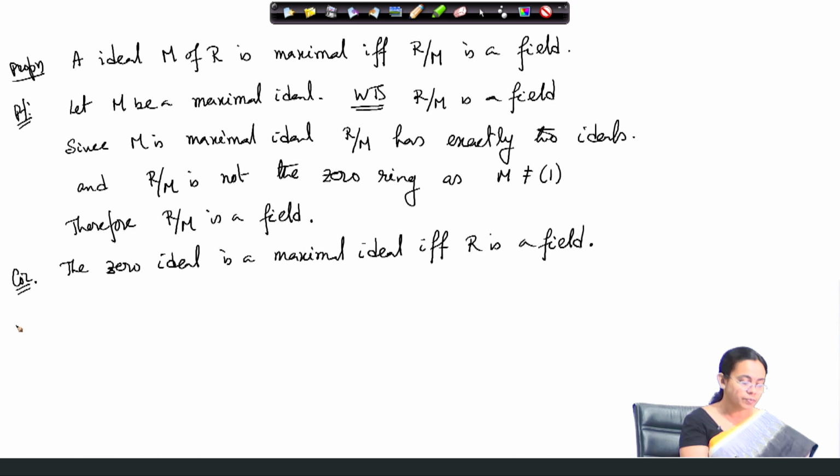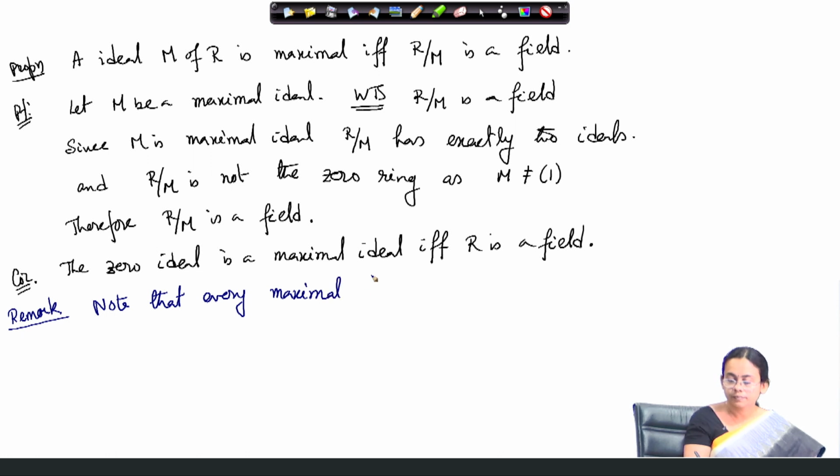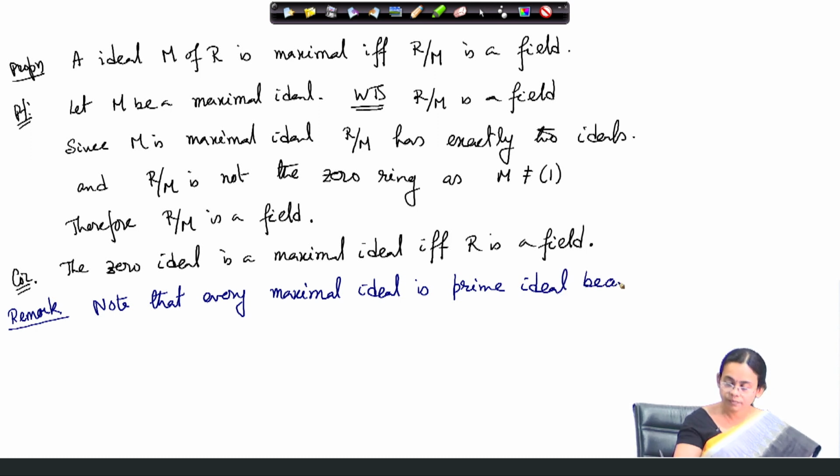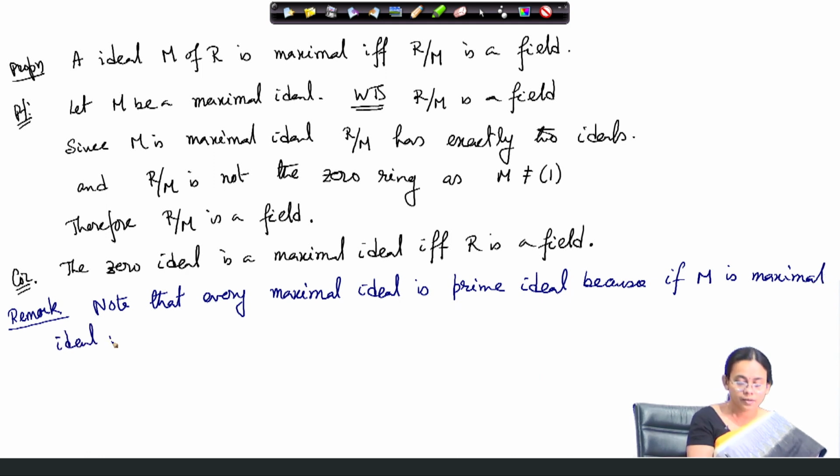Now, let me put it as a remark the following fact. Note that every maximal ideal is a prime ideal, because if M is a maximal ideal in R, then I know that R quotient M is a field.